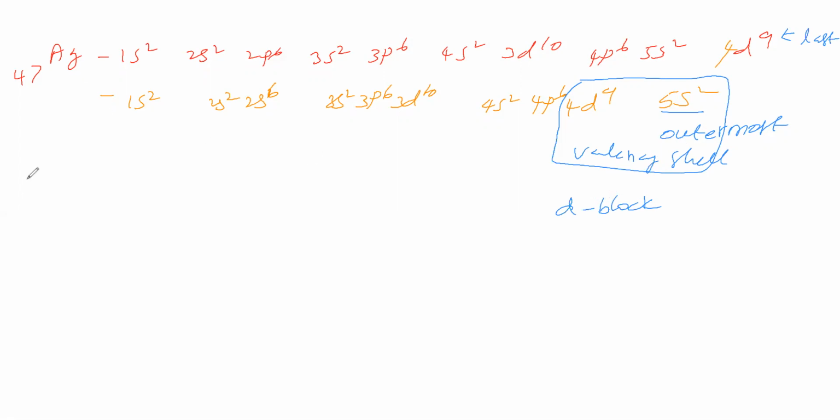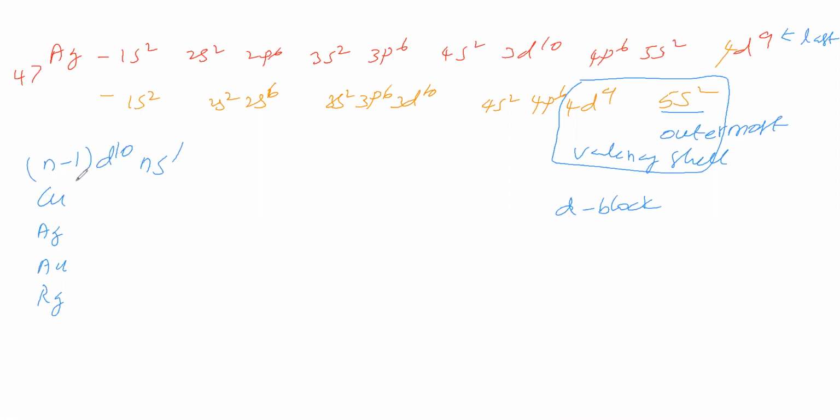Silver comes under which group? Copper, silver, gold, roentgenium. For this group the general valence shell configuration is (n-1)d10 ns1.